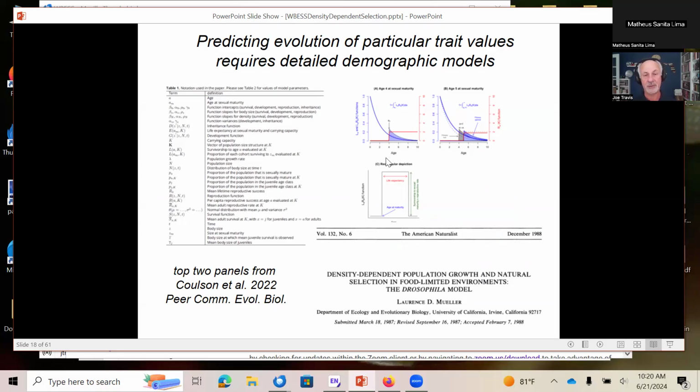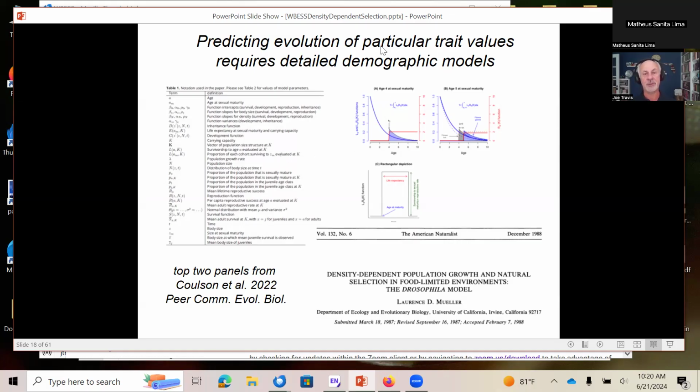And the top two panels, which I'm not going to walk you through, I just want to show you what it looks like, are from a paper by Tim Coulson et al. in 2022 in the Peer Community in Evolutionary Biology. I am a co-author on this paper, and it is an examination of how density dependent selection could select for smaller or larger body sizes.